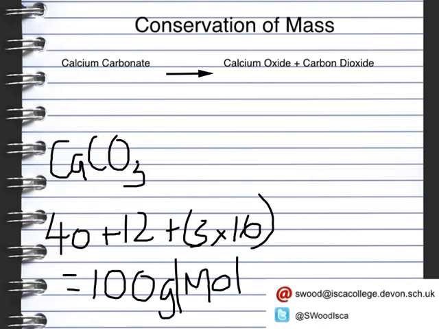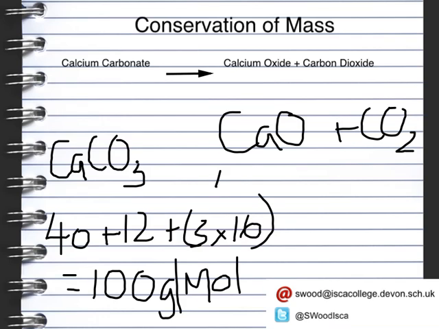per mole. Okay, now on the other side we've got calcium oxide plus we've got carbon dioxide. Now the calcium oxide is 40 plus 16, which is equal to 56.